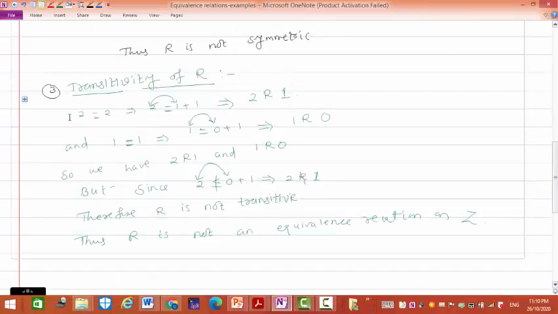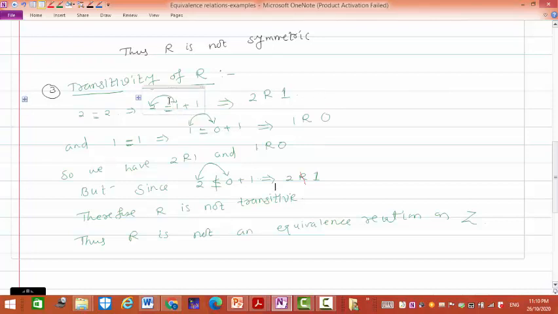Now, to prove that R is not transitive, we have 2 is equal to 1 plus 1. So 2 and 1 are related to each other by the relation R. How is the relation R defined? X is less than or equal to y plus 1.